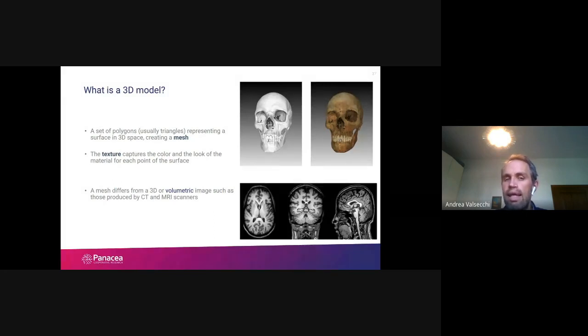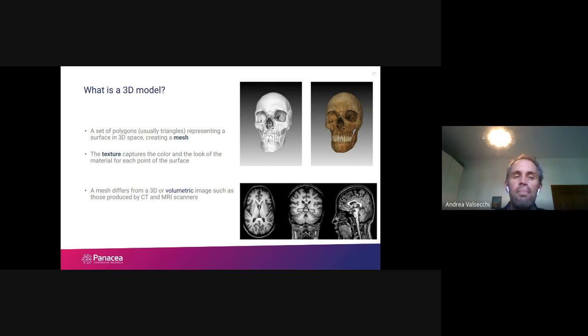This is in contrast with what you get with a mesh. A mesh is just a set of polygons, so it's a surface, like the skull we are seeing at the top. The mesh just records its shape, and on top of this shape we can add a texture, which is just an image that records the color and other properties of the material, such as how shiny it is.